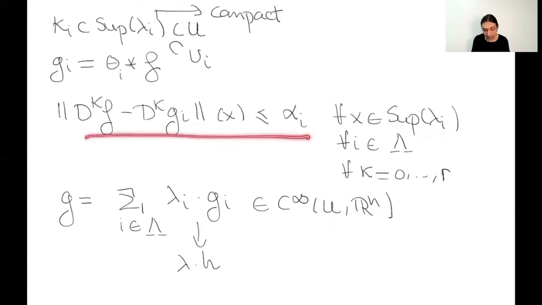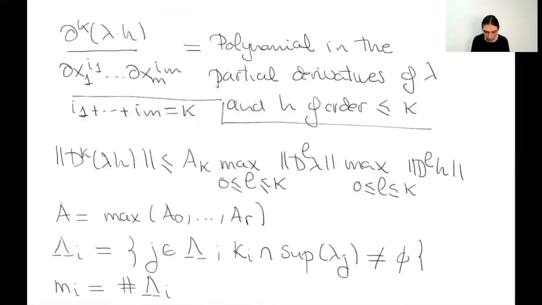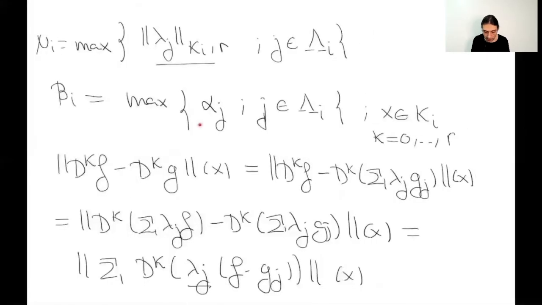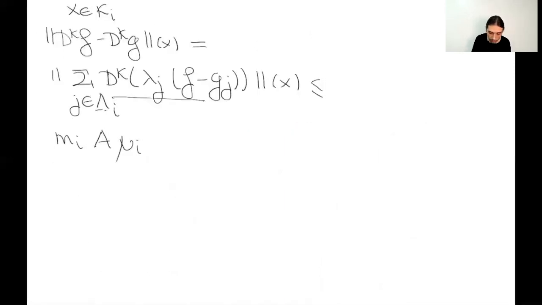So what we are going to have is that this difference, when the index here is j, is going to be smaller or equal than alpha_j. And we have now that the maximum of alpha_j when j belongs to Lambda_i is beta_i. So this is bounded above by beta_i. Okay?